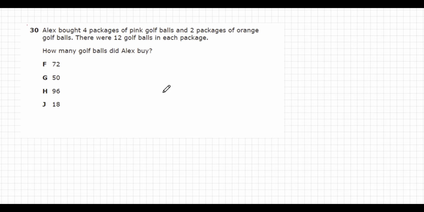Question number 30. Alex bought 4 packages of pink golf balls and 2 packages of orange golf balls. There were 12 golf balls in each package. How many golf balls did Alex buy?